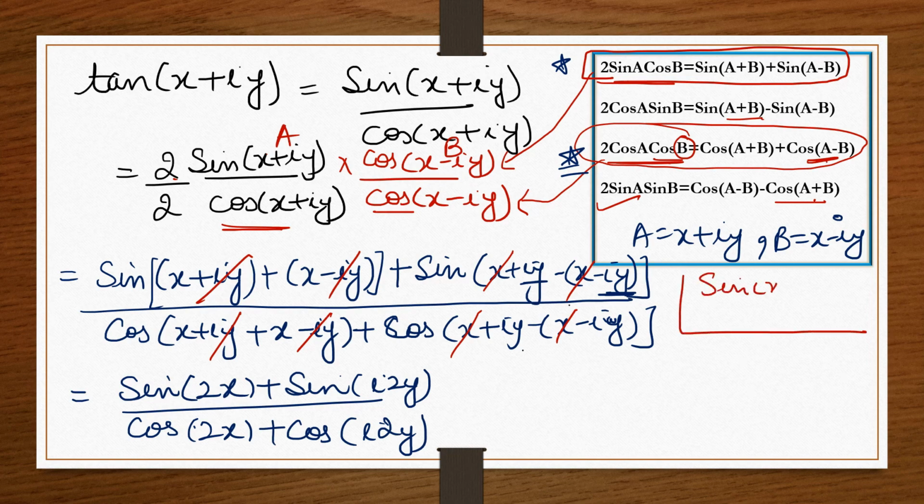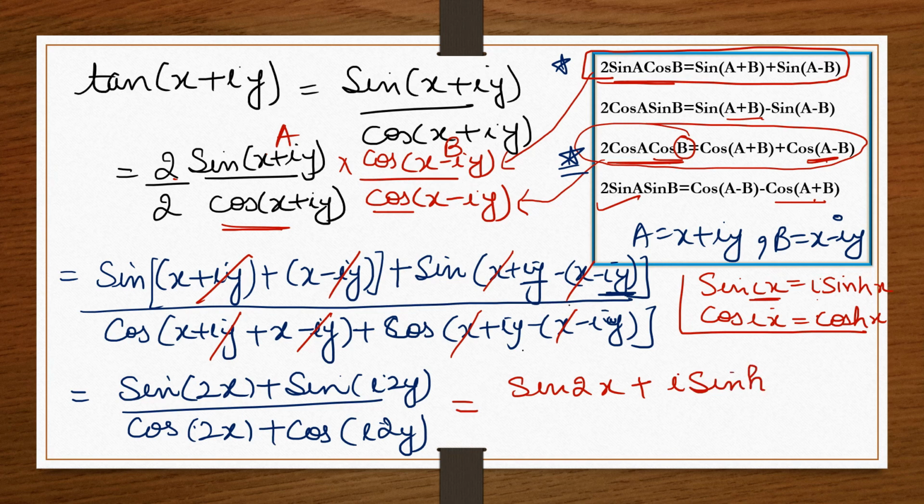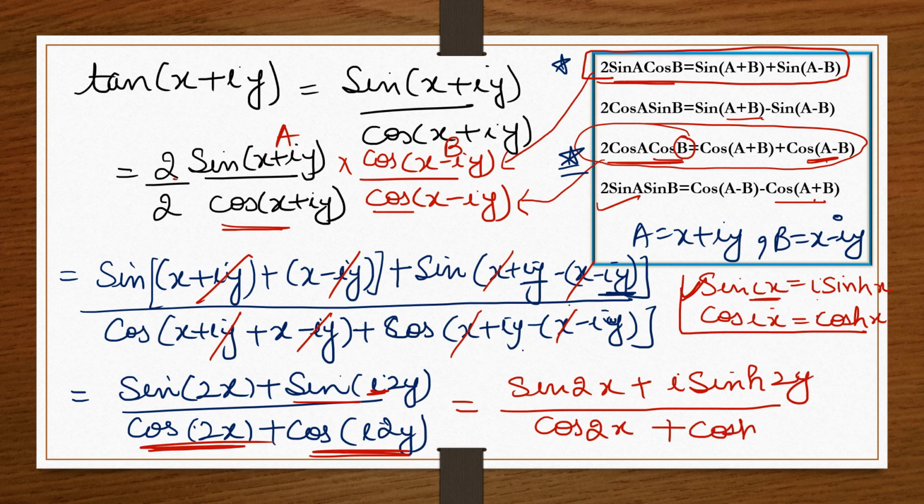Sine iota x is iota sine hyperbolic x, and cos iota x is cos hyperbolic x. Just apply this formula. So what you'll get? This will be equal to sine 2x as such plus iota sine hyperbolic 2y, and in the denominator cos 2x as such, and this thing will turn to cos hyperbolic 2y.